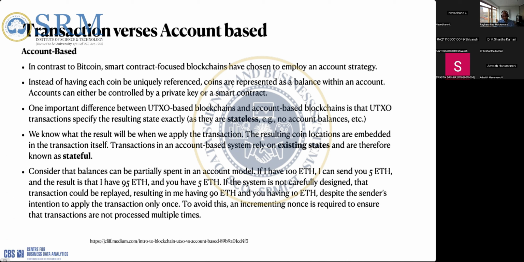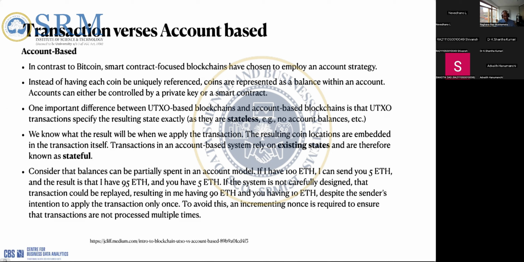In the case of a transaction-based ledger, you have transactions which are stateless. So no state is assumed for the transaction. So if you have 100 transactions, you can run 100 parallel threads or processes to verify them concurrently and simultaneously.